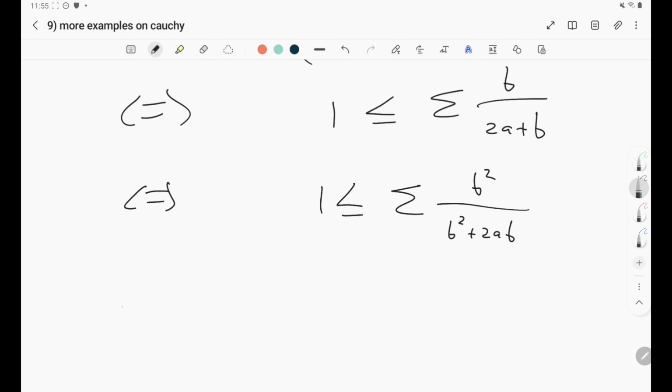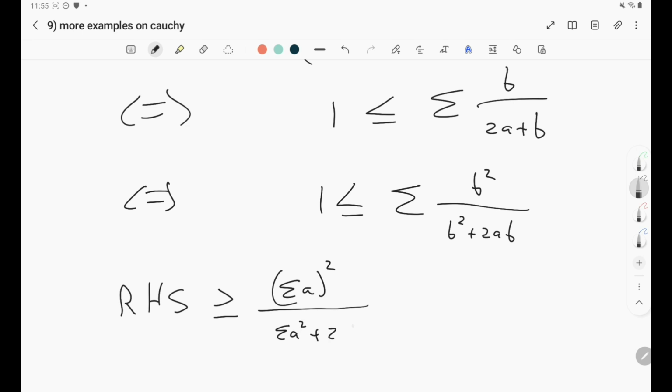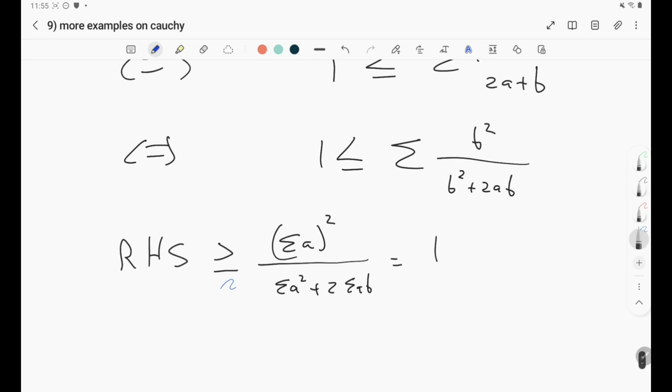And now we can say that the RHS is greater than or equal to, by T2, sigma a squared divided by sigma a squared plus 2 sigma ab, which is just equal to 1, because this thing is of course the sigma a squared. And we're done. That's it. So this thing is just by T2.